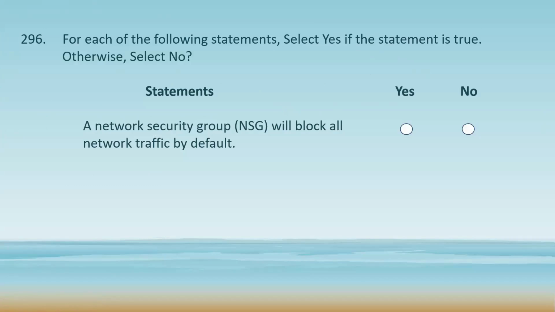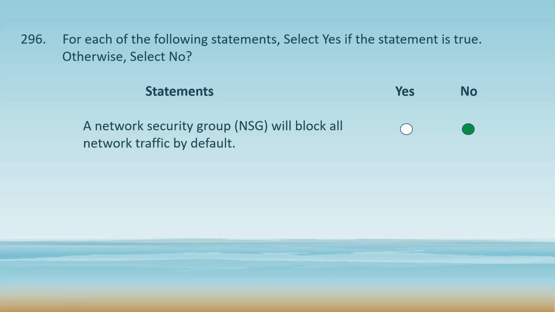This is question number 296. And again, in this question, you need to read a few statements and select whether each statement is right or wrong. The first statement is a network security group will block all network traffic by default. This statement is incorrect. We'll look in more detail at why we have chosen these statements as right or wrong in a few minutes by going into the Azure portal.